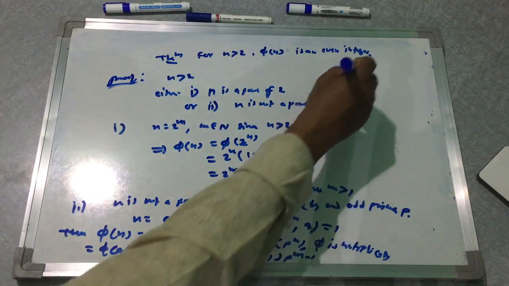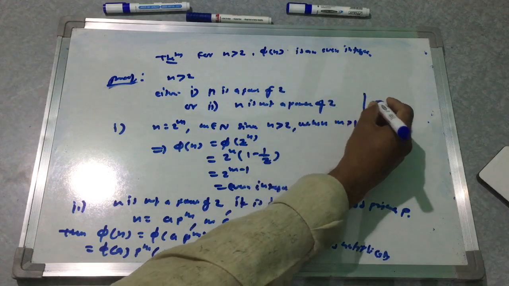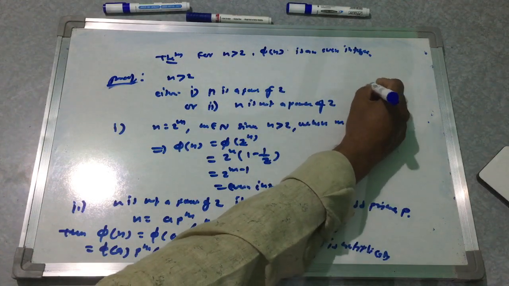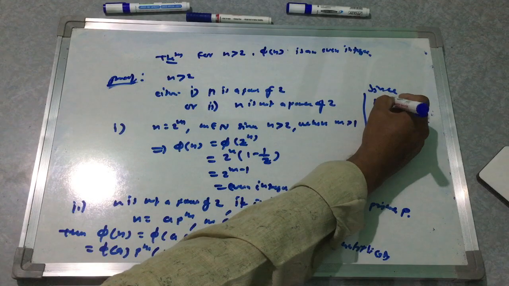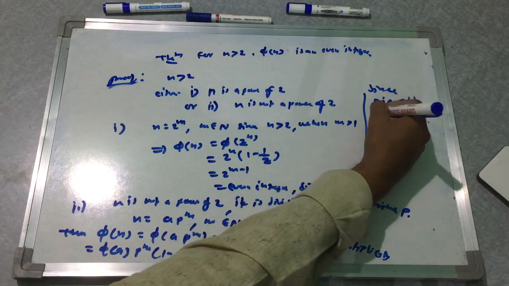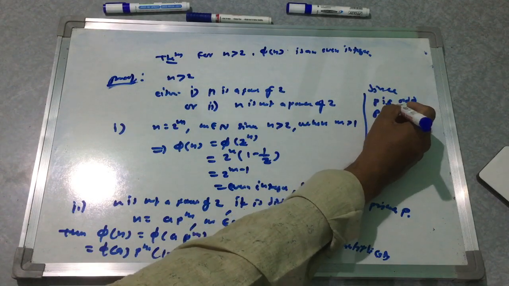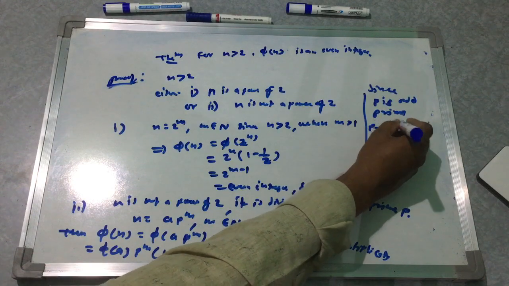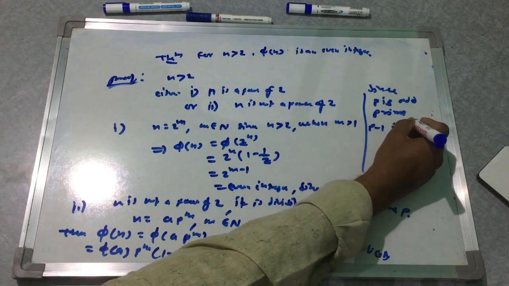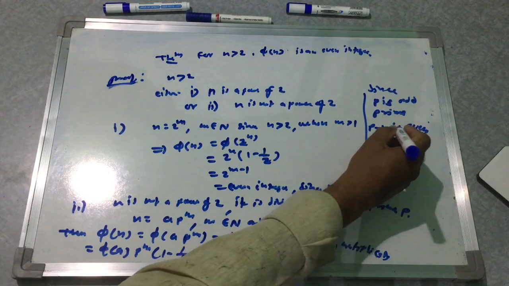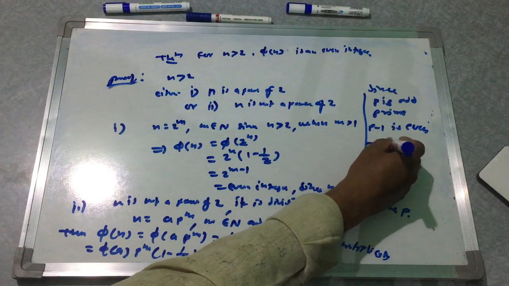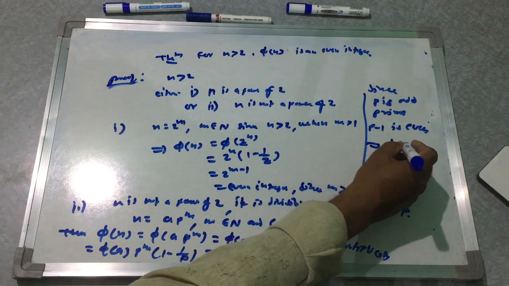Since p is an odd prime, p minus 1 is even, which means phi of n is even.